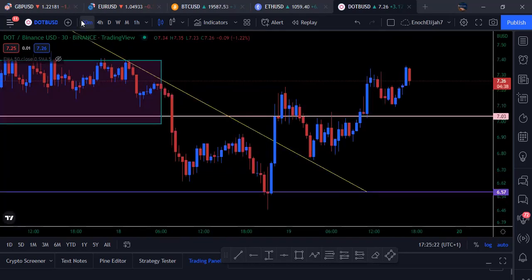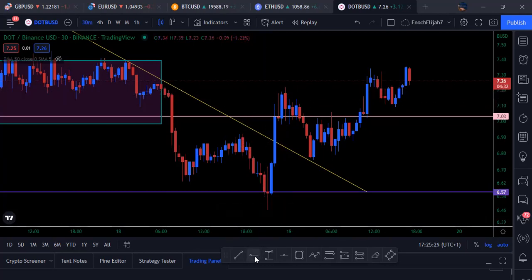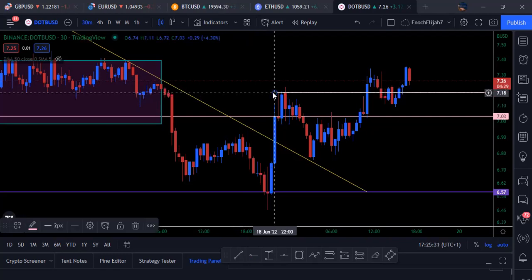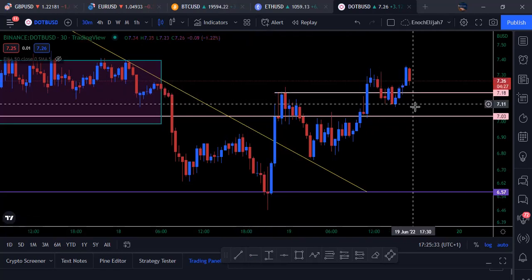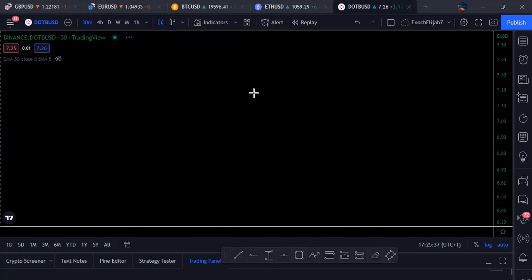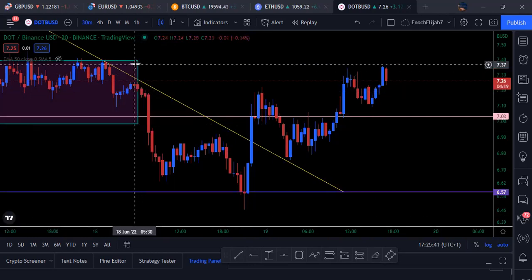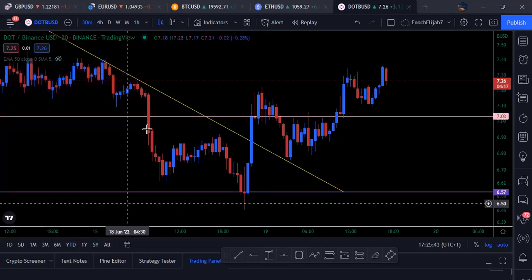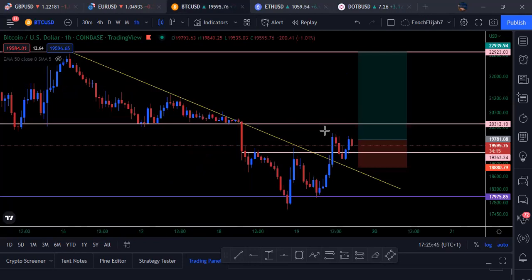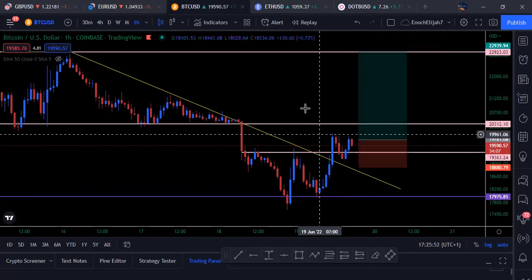So my advice is that before you take any trade on any coin, always at least analyze BTC to see where BTC is going. Like, we're going to have a retest of this zone before it goes back up. So on Bitcoin, you can see they're all following BTC.